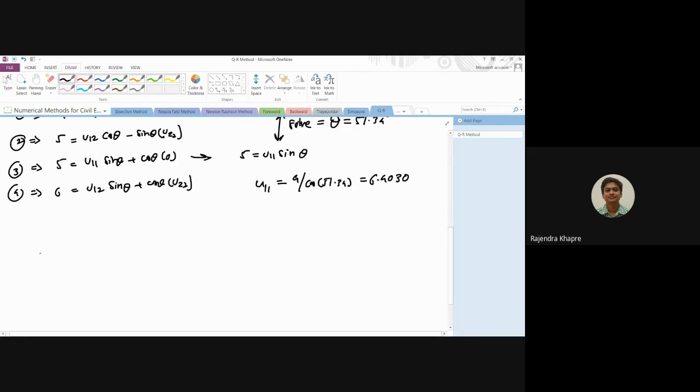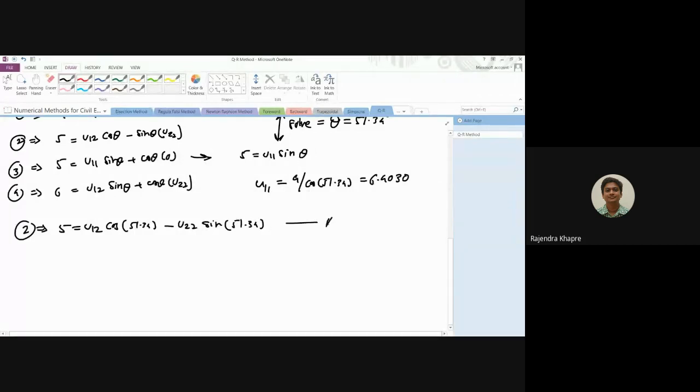So here, expression 2 will be 5 equals U12 cos of 51.34 minus U22 into sine of 51.34.